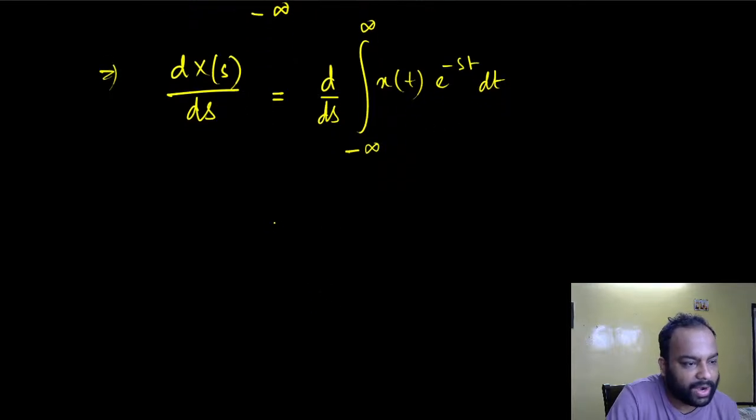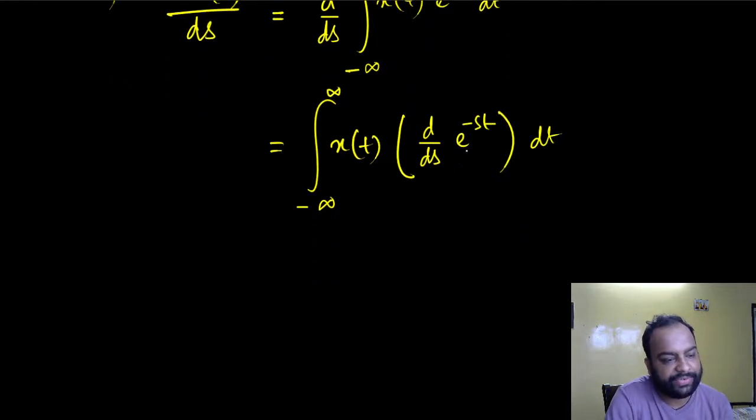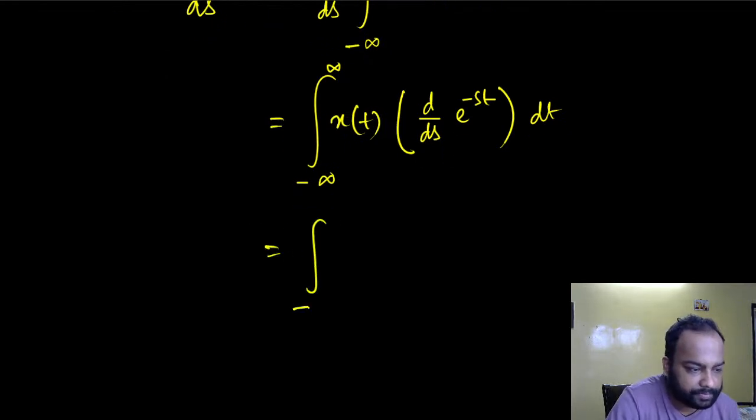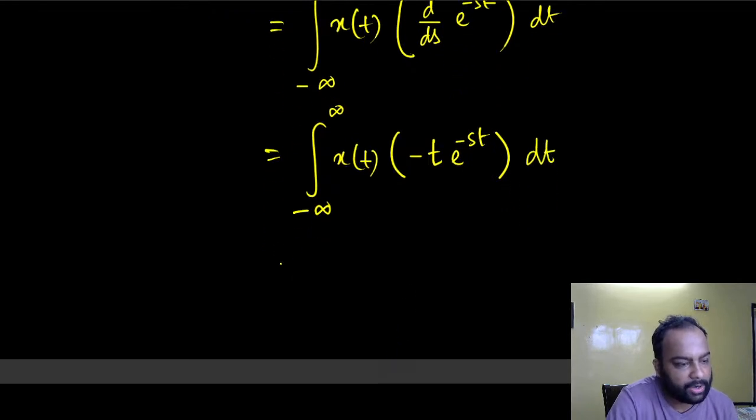If I differentiate e to the power minus st with respect to s, I get minus t e to the power minus st, because t is a constant with respect to s.